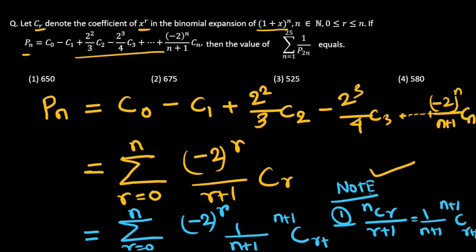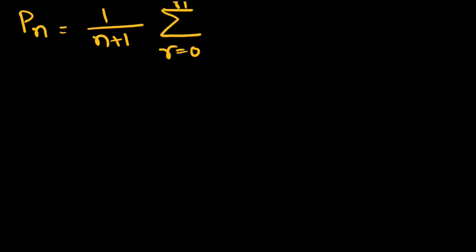n plus 1 C r plus 1. Now see carefully, the summation runs for r is equal to 0 to n, so the variable is r. So 1 over n plus 1, this term comes outside the summation. Therefore Pn is equal to 1 over n plus 1 summation running for r is equal to 0 to n of minus 2 to the power r, n plus 1 C r plus 1.